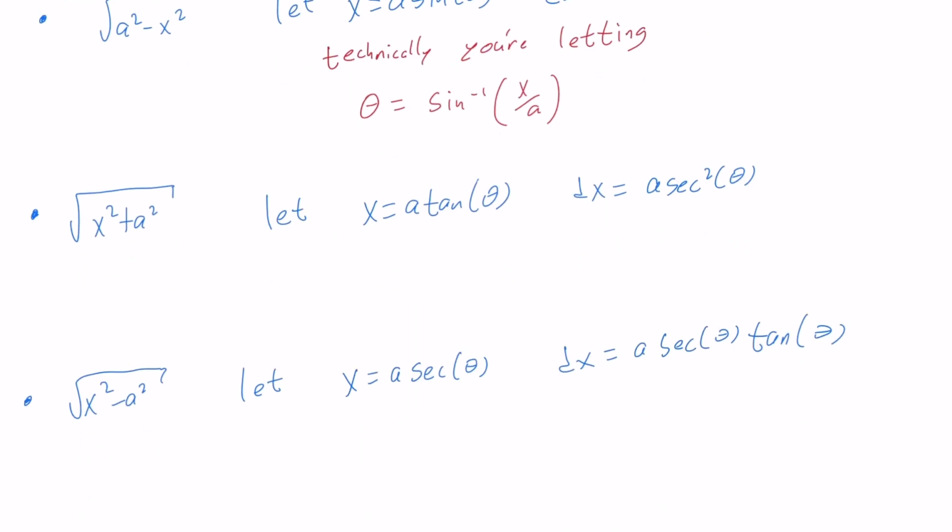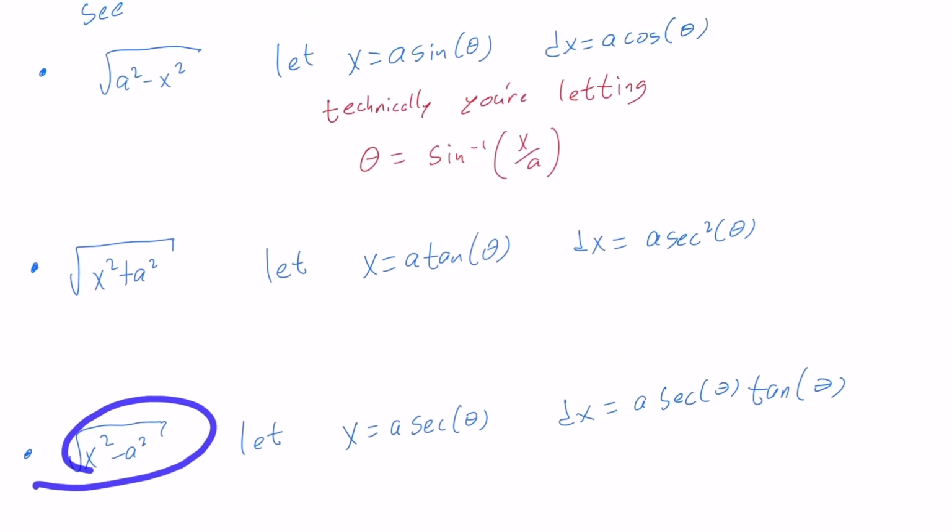And then lastly, if we see something like x squared minus a squared, so previously we had a squared minus x squared, now we're dealing with x squared minus a squared, we should try and let x equal a times secant theta, and in that case, dx equals a secant theta tangent theta. And it occurs to me now, I should have written d thetas here, so pretend that I had those written the entire time.